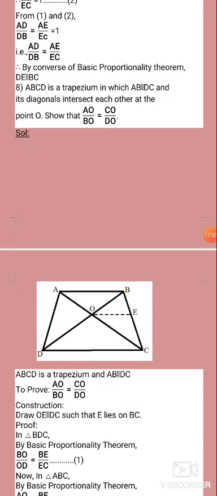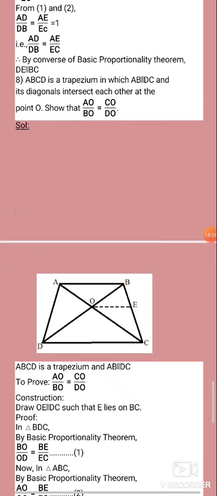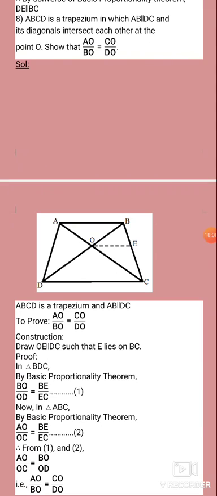Proof. In triangle BDC, by using BPT, OB by OD is equal to BE by EC. Put equation number 1. Now in triangle ABC, using BPT, OA by OC is equal to BE by EC. Put equation number 2.